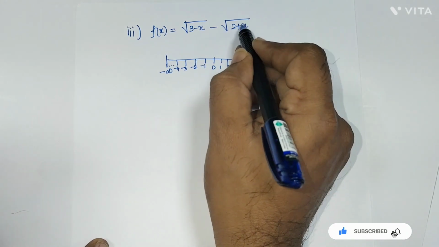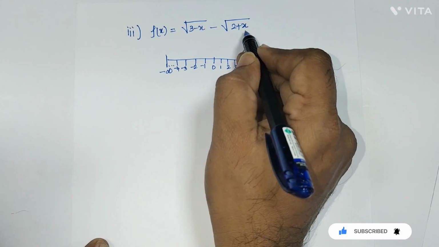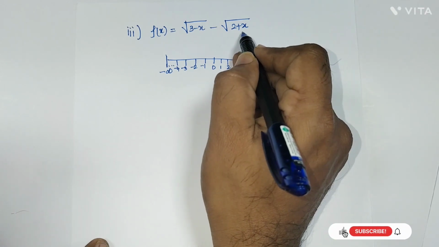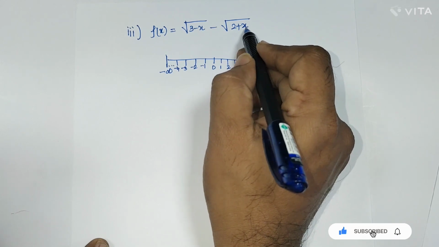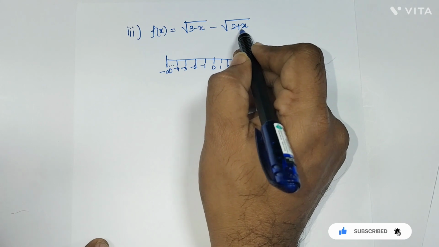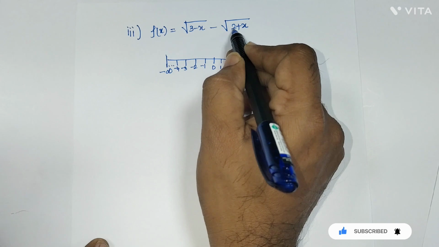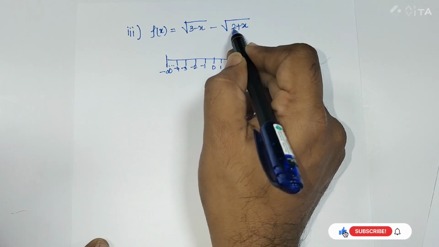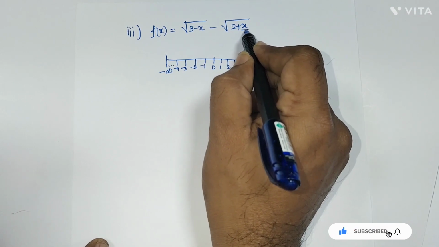You can see here the square root of 2 plus x. Here I am substituting x equal to 0, 1, 2, 3, 4, 5, 6, all the positive numbers, you will get the answer. While substituting negative numbers, 0, minus 1, minus 2 is possible. When you are substituting here minus 2, what you will get? 2 plus minus 2, you will get 0. 0 is also one output. When I am substituting minus 2, I will get the output 0. That's possible. But if I am taking x equal to minus 3, it is not possible.